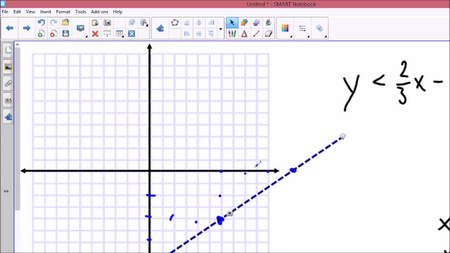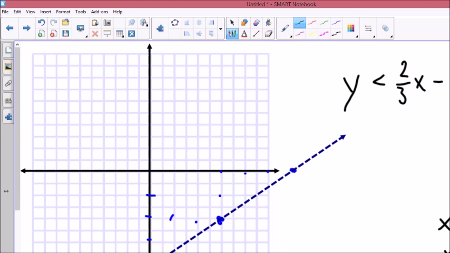So there's one part of my graph. First I get the line graphed, y equals 2/3 x minus 4. And if the inequality symbol says less than or equal to or greater than or equal to, we connect the dots with a solid line. If it just says less than or just says greater than, then we connect it with a dotted line instead.